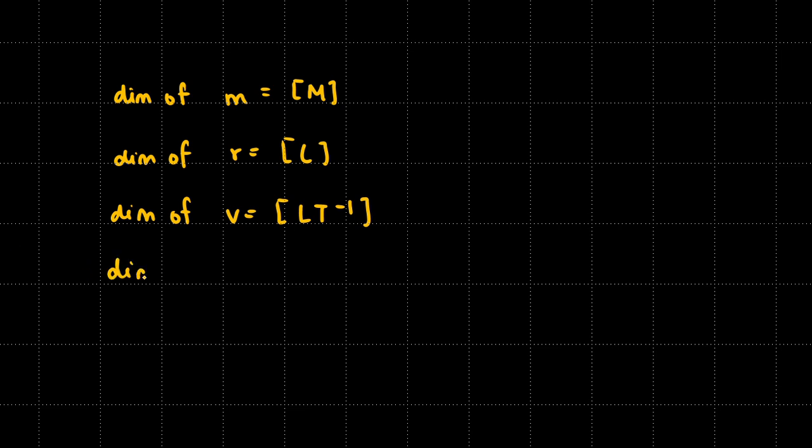And finally the dimension of centripetal force will be the same as that of force, so you can find it using the formula F equals ma, or you might know it as well. So now we found the dimension of each individual component.